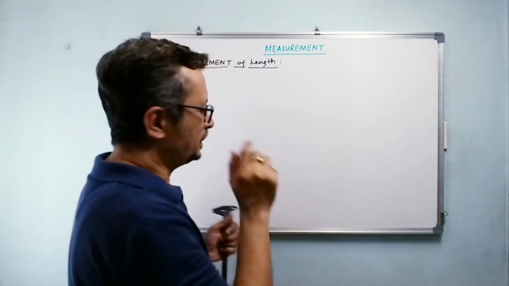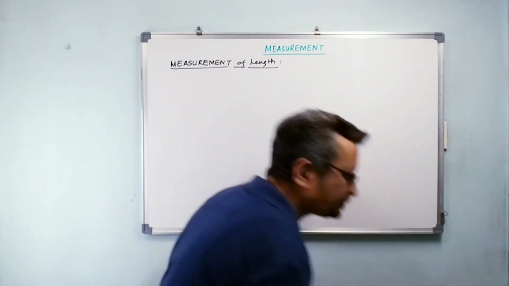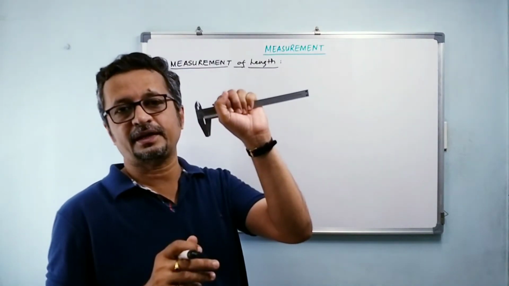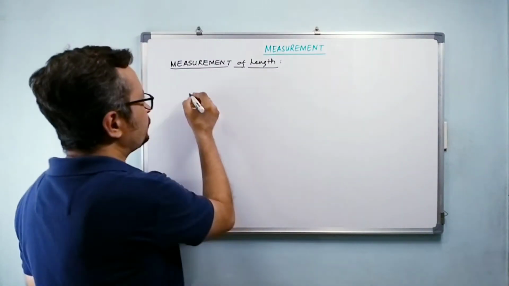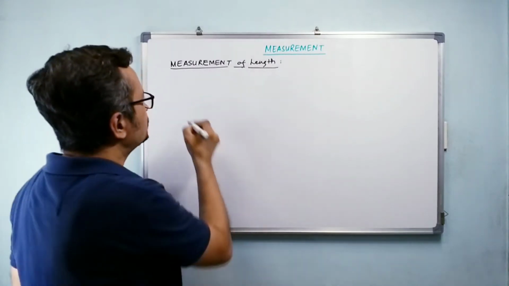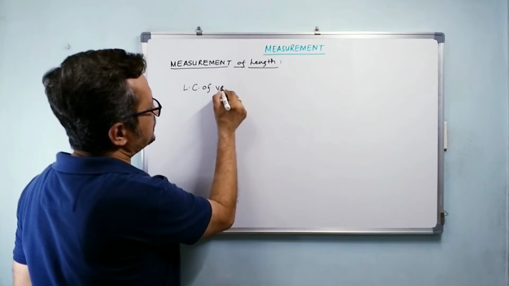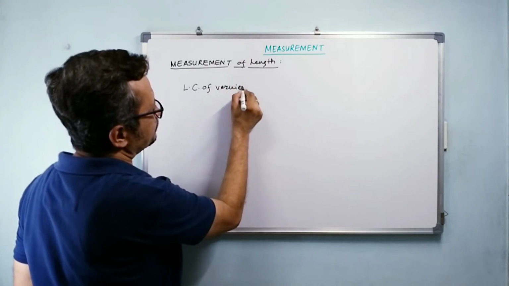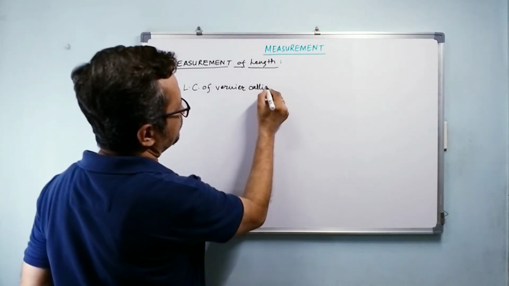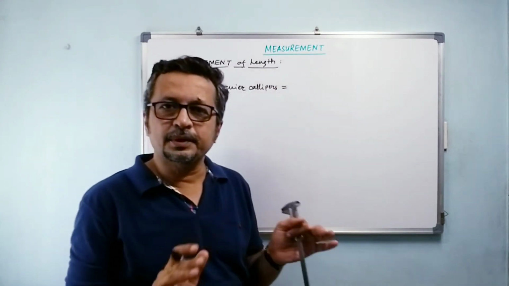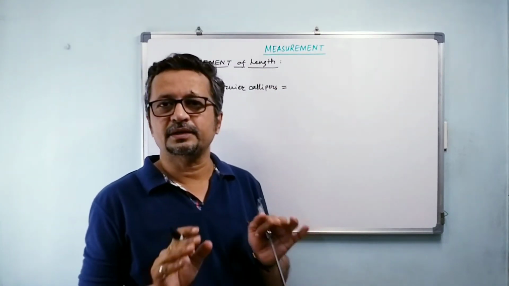Now here, let us find out what is the smallest measurement that I can do over here. Now for that we will need the least count. So least count of vernier calipers is equal to, there is a simple way of finding the least count.